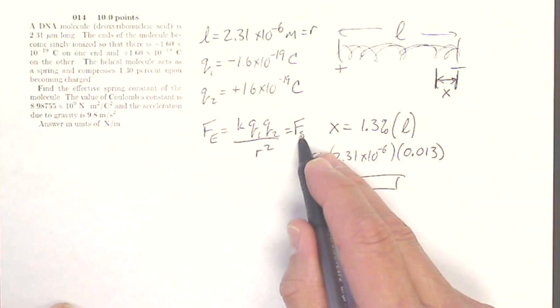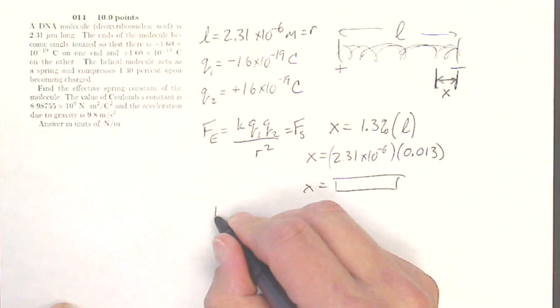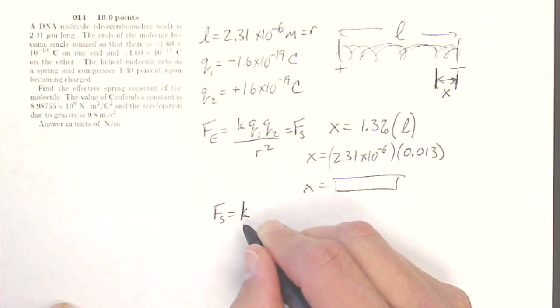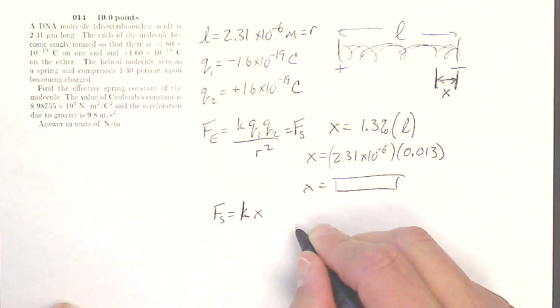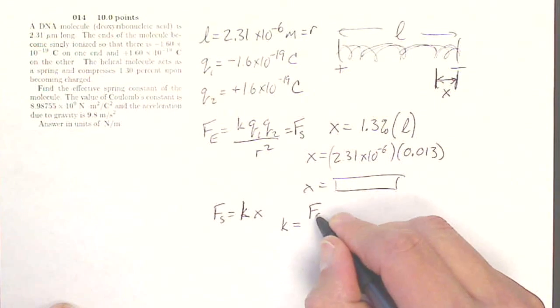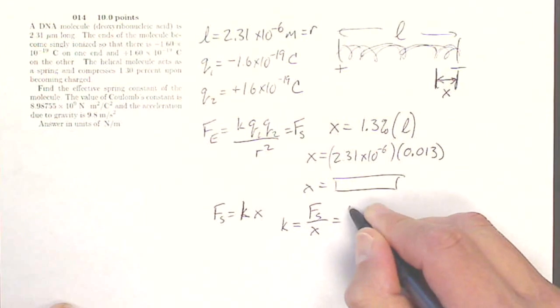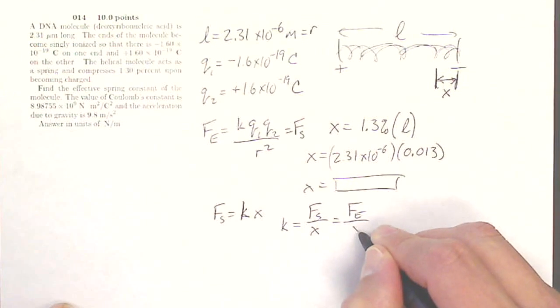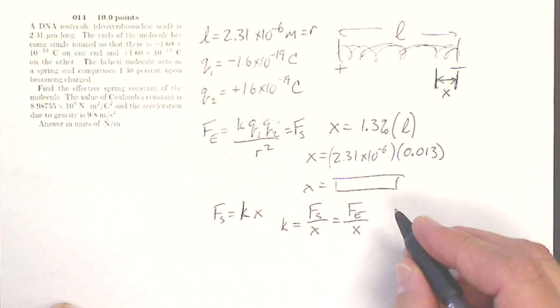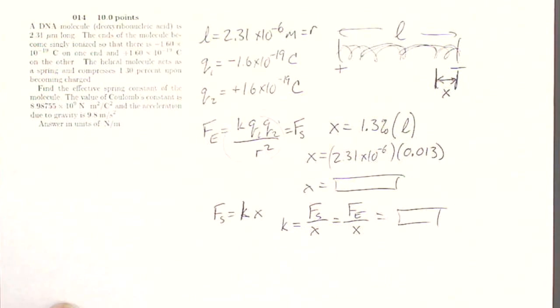I know that the force of the spring is going to be K, the spring constant, not the Coulomb constant, so be careful, you've got two K's here, times X. So K, the spring constant, is going to be the force of the spring divided by X, which is the same thing as the electric force divided by X. So the electric force you calculate here, the X you calculate there, and that will give you a spring constant for this spring. And enjoy that problem.